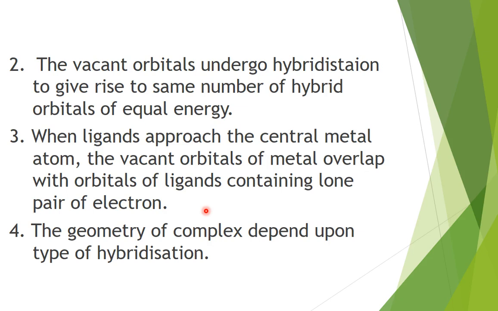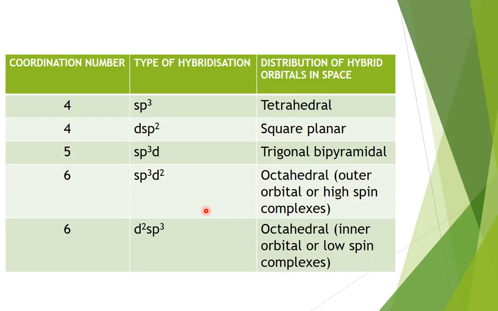Geometry of the complex depends upon the type of hybridization. Like sp3 hybridization means tetrahedral geometry, dsp2 square planar, sp3d trigonal bipyramidal, and sp3d2 or d2sp3 will be octahedral. sp3d2 means we have used outer d orbital, so these are called outer orbital or high spin complexes.